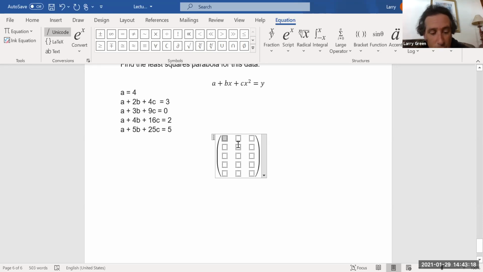And we're going to have 1, 0, 0. Then we'll have 1, 2, 4. Then 1, 3, 9. Then we'll have 1, 4, 16.